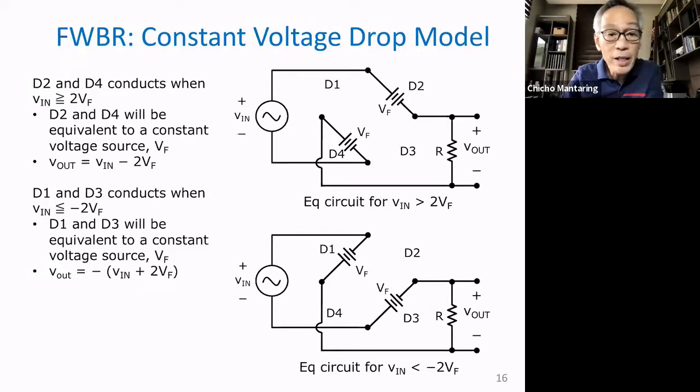D1 and D3 will conduct when your input voltage is less than negative 2 times V sub F. And my Vout will be the negative of quantity Vin plus 2 times V sub F. If I try to do a KVL here, you're going to see that this equation is the resultant output voltage.